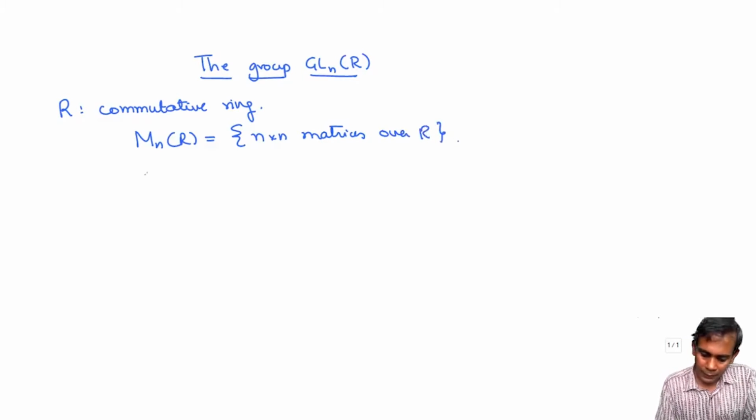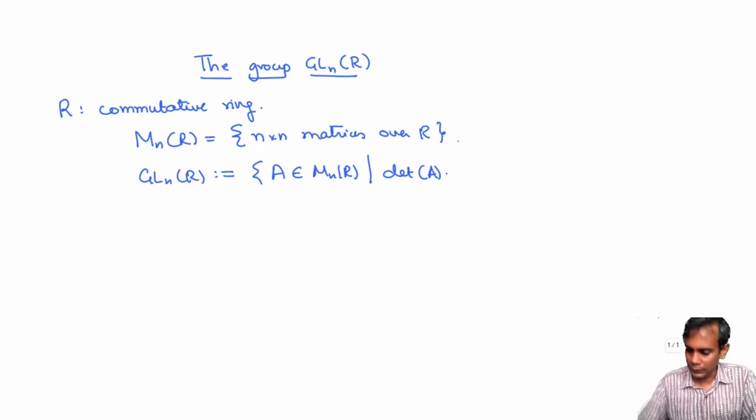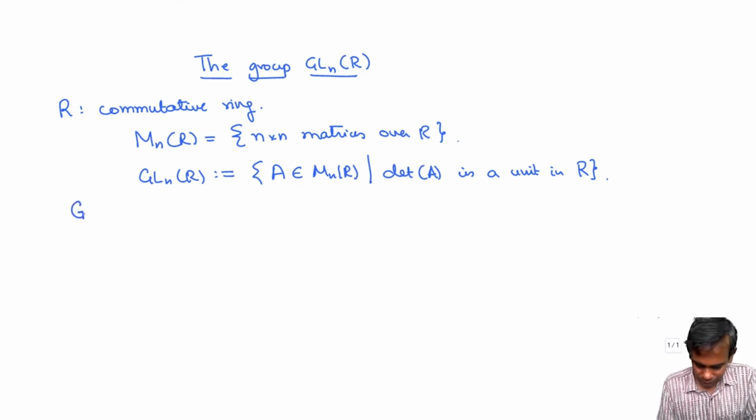This is a ring, and GL_n(R) is defined to be the set of those matrices A in M_n(R) such that the determinant of A is a unit in R. Now I claim that GL_n(R) is a group under matrix multiplication.